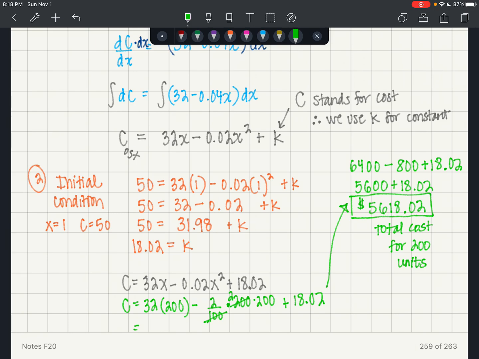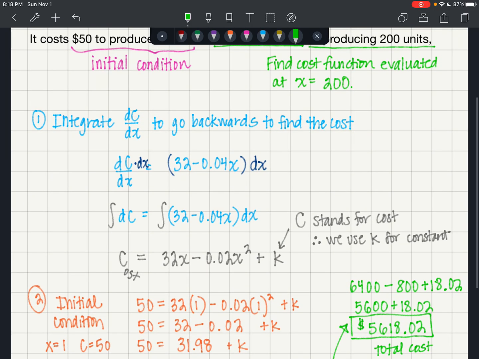Now, if that didn't knock your socks off, I don't know what would. This right here is super cool stuff. That's why the differential has to be on the right-hand side. So when I've got that dC/dx, before I integrate both sides, I need to move that differential to the other side.